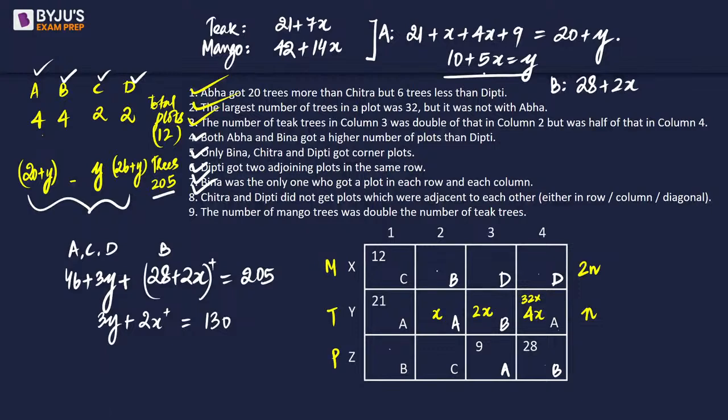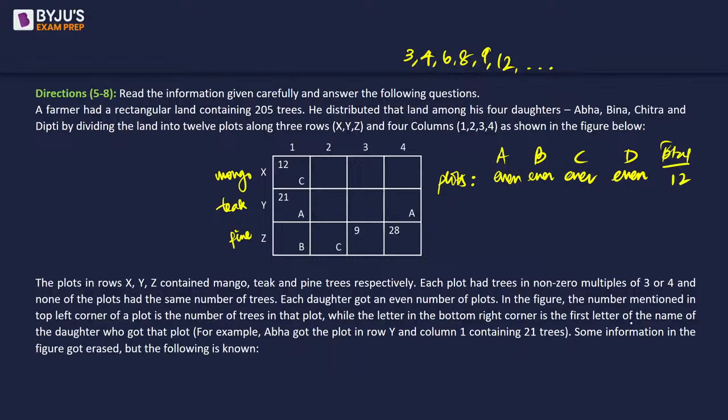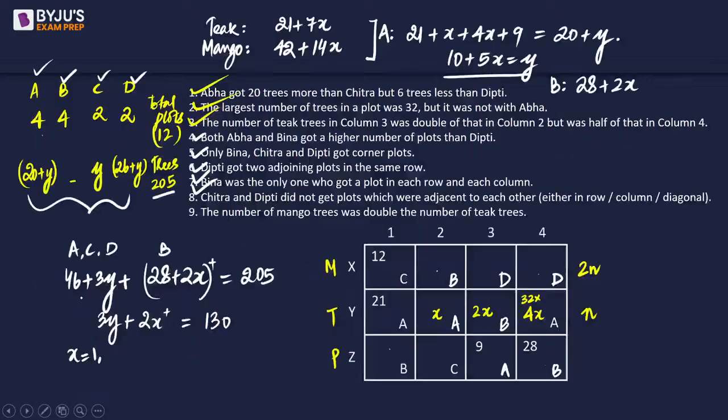Now, if I take x as 1, minimum 1 is needed, right? The problem is it says that each plot had trees in non-zero multiples of 3 or 4. So we can't take x as 1. If I take x as 1, then the y row and second column won't be a multiple of 3 or 4.